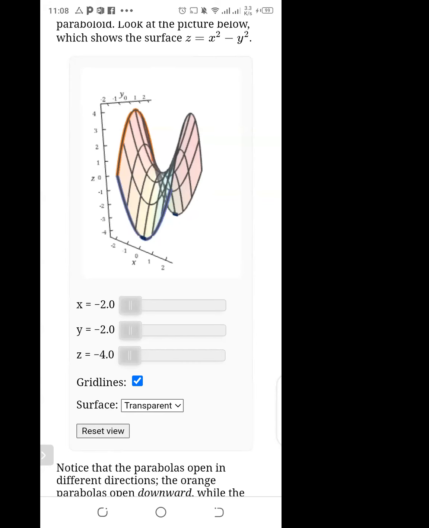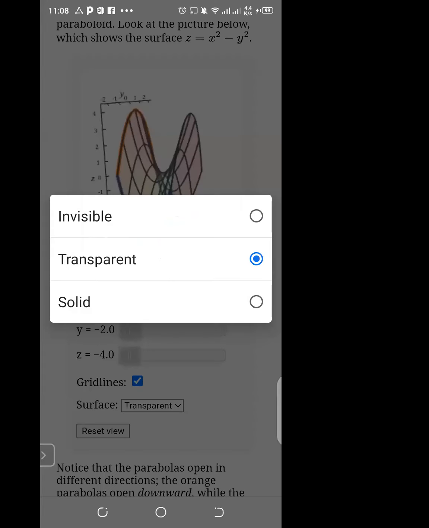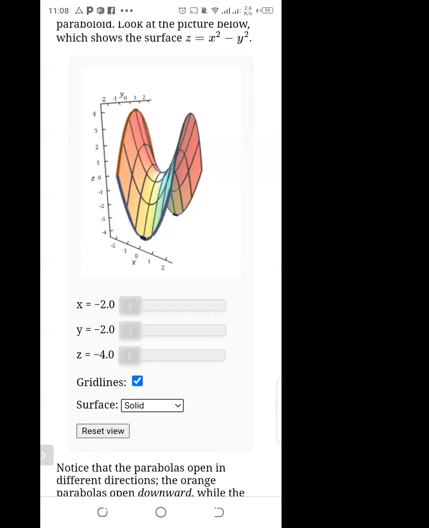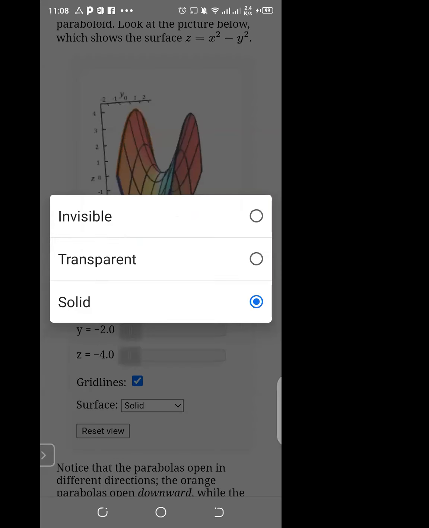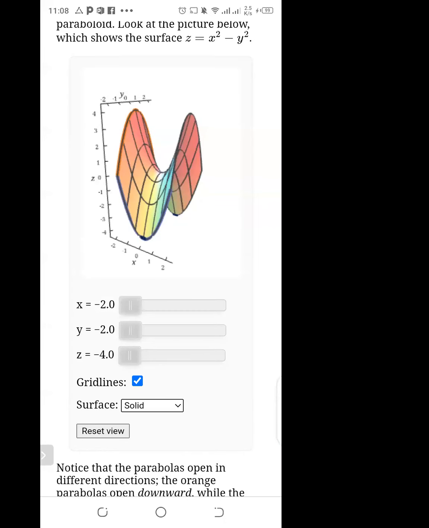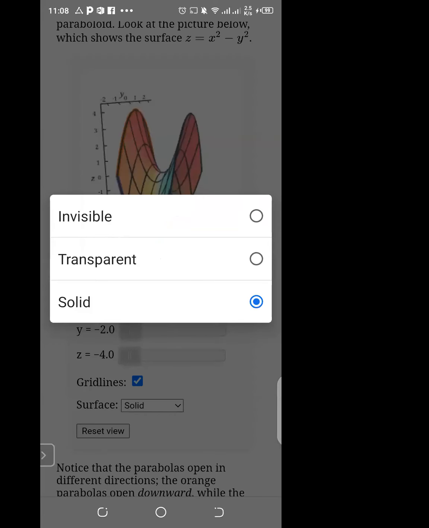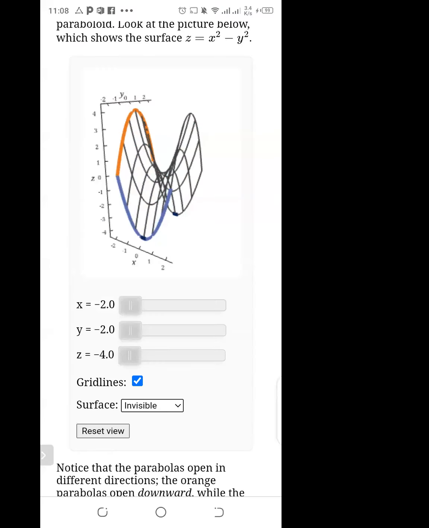Okay, this is the view. And this is the solid view. Are you able to see how it's changing? Yes, sir.